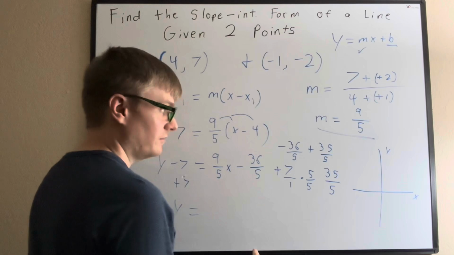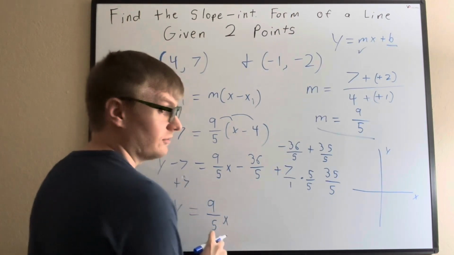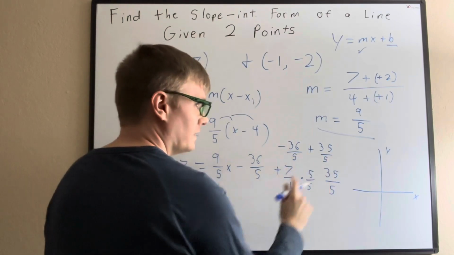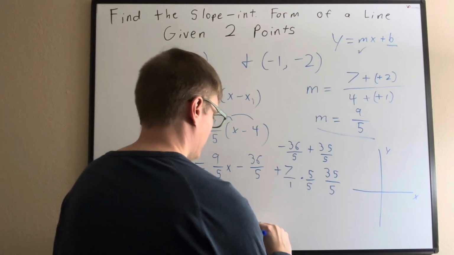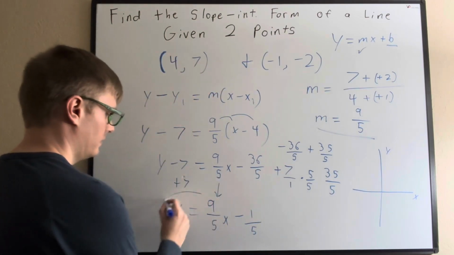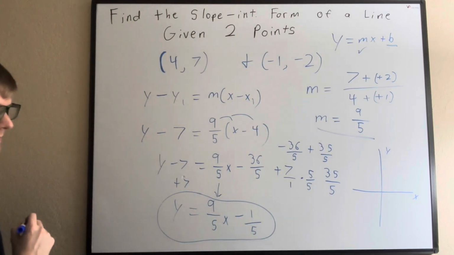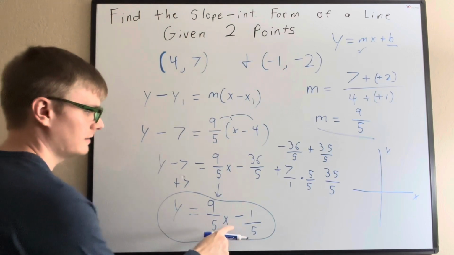Negative 36 plus 35 is negative 1. And there's your answer. Negative 1/5. So our answer is y equals 9/5 x minus 1/5.